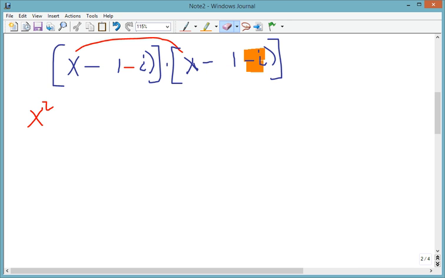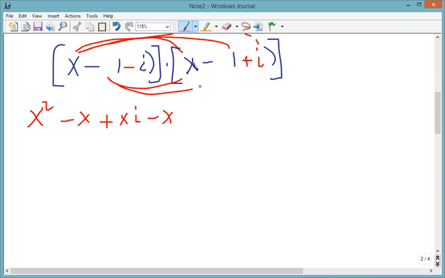And if I distributed this, it would be negative 1 plus i. Okay, so that's x squared, and then we have x times negative 1, that would be negative x. And then we have x times i, so that would be plus xi. Then we have negative 1 times x, so that would be negative x. Negative 1 times negative 1, that would be positive 1.